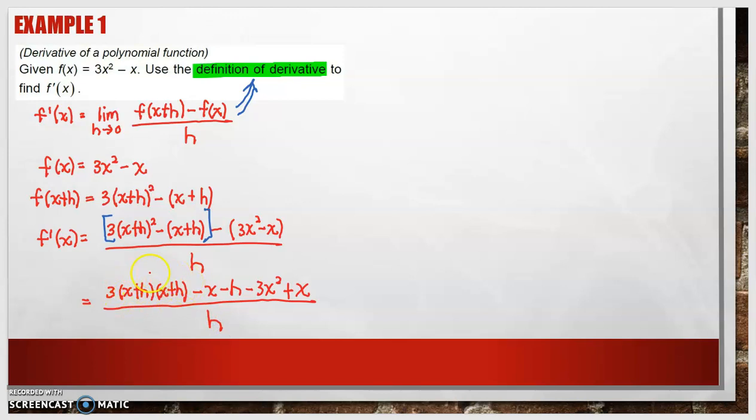Before this, don't forget to put the limit as h approaches 0. Sorry about that. You have to put the limit as h approaches 0.